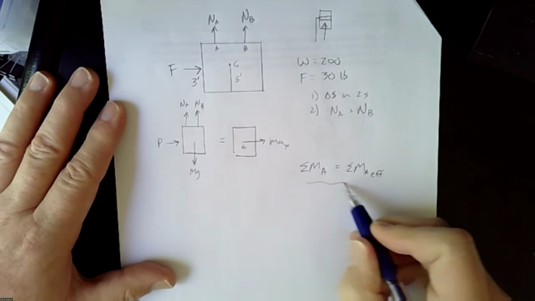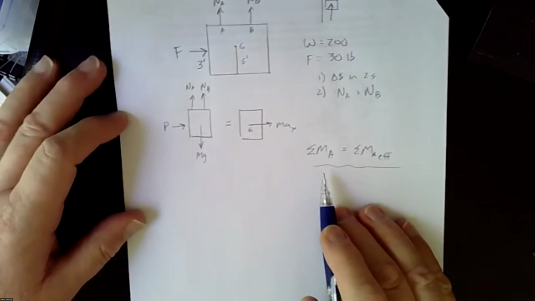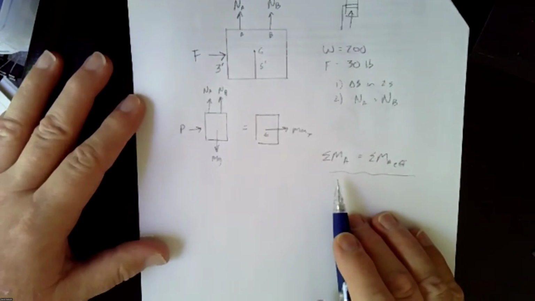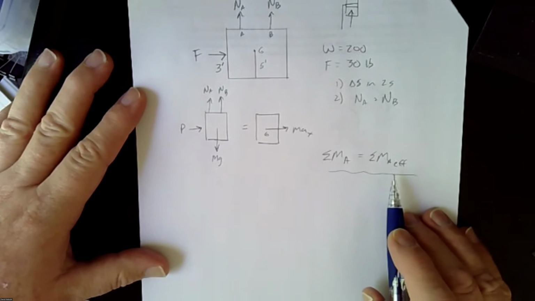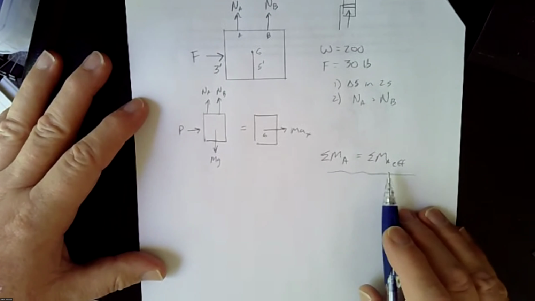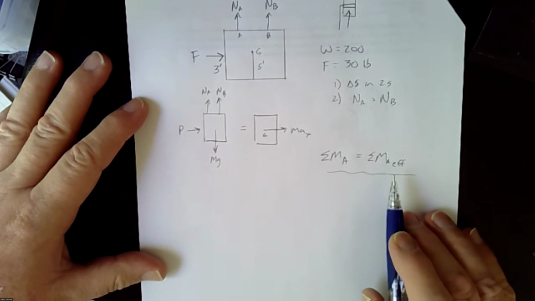Now, what this is saying is, first off, what are the sum of the moments about A? So we can figure that out. The sum of the moments about A effective is essentially what moment is created by the acceleration of the center of gravity.